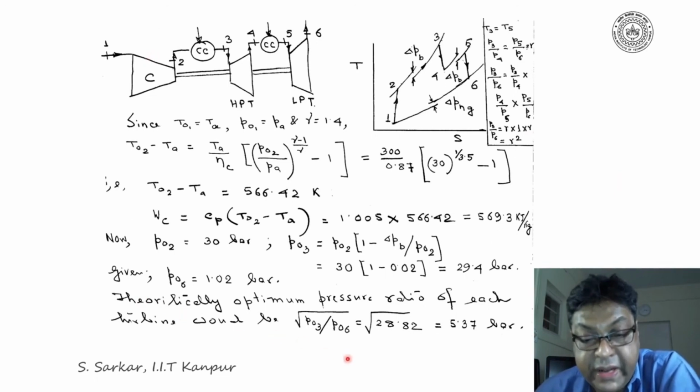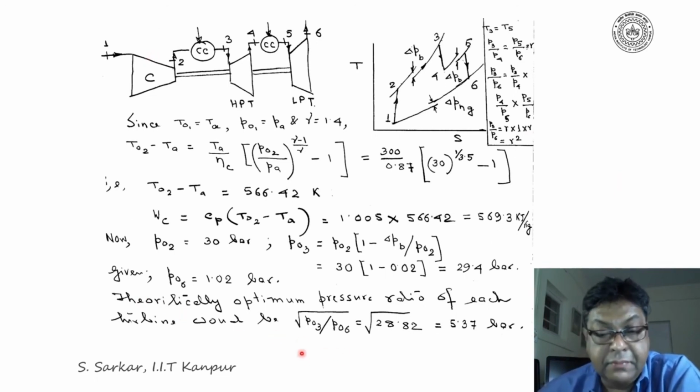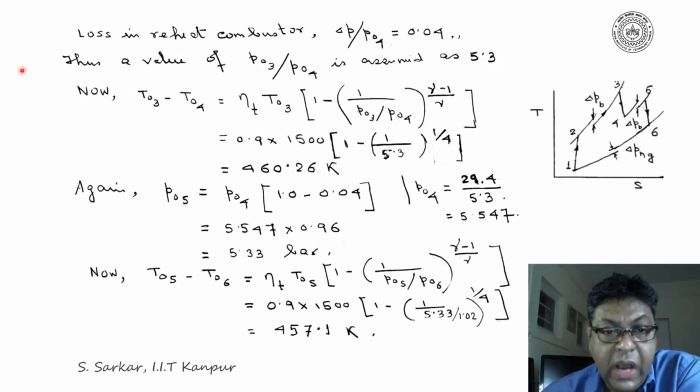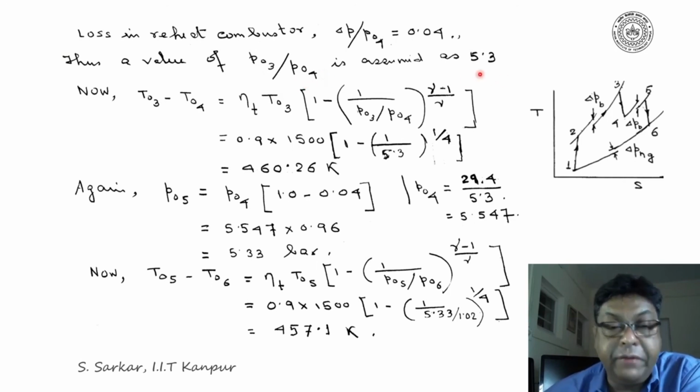Therefore, I have written that for the optimum condition, the pressure ratio for each turbine can be given by root over P03 by P06. After getting the pressure ratio on each turbine, I can evaluate the temperature drop. Thus, let us assume P03 by P04 is equal to 5.3.